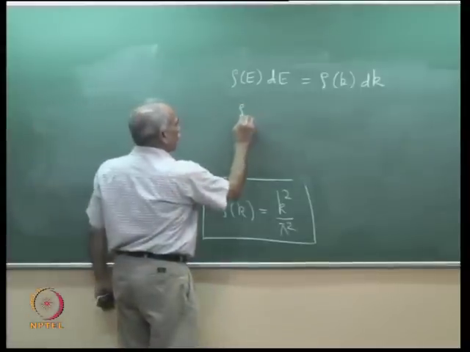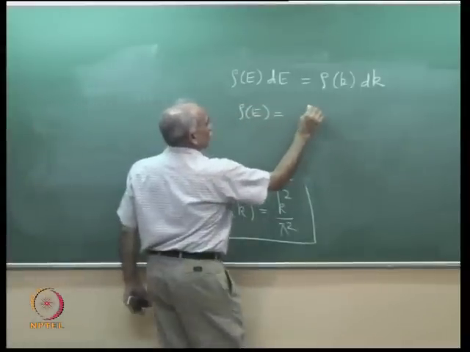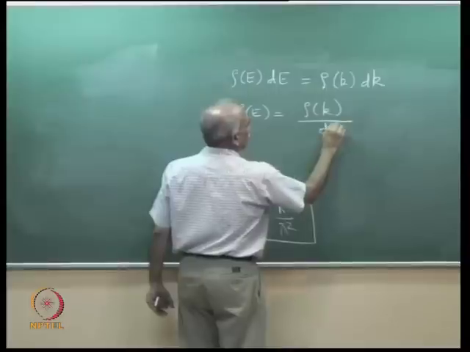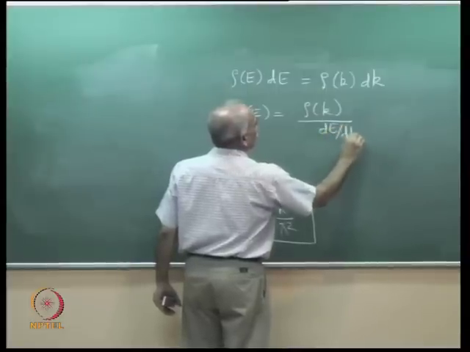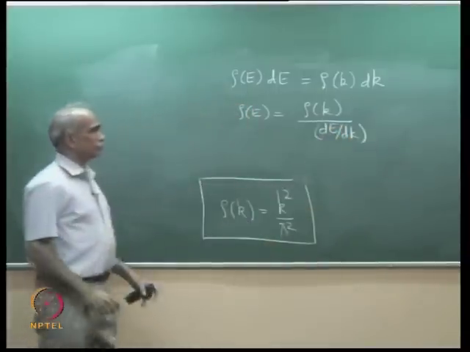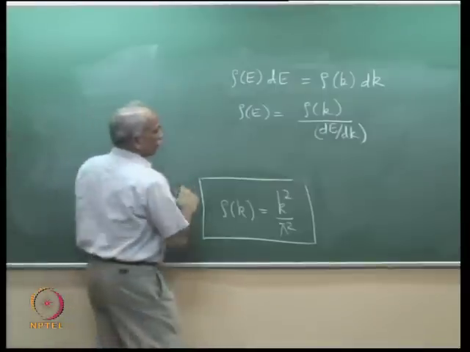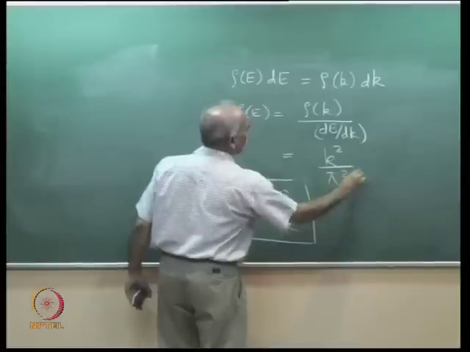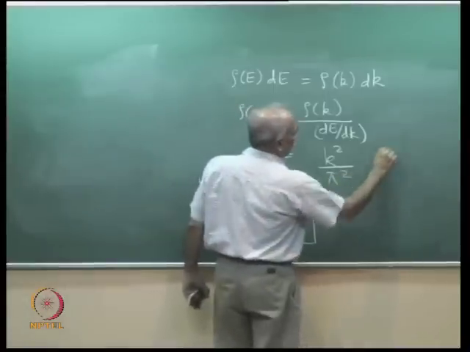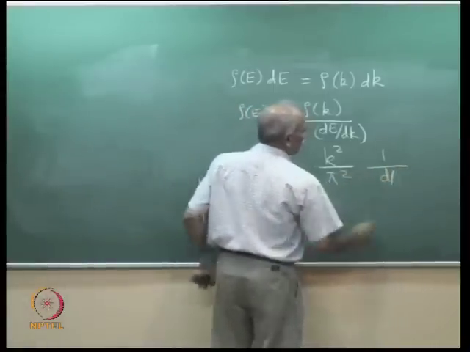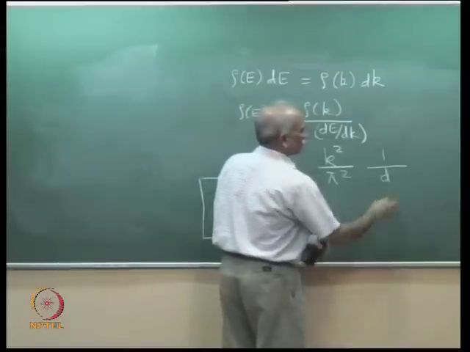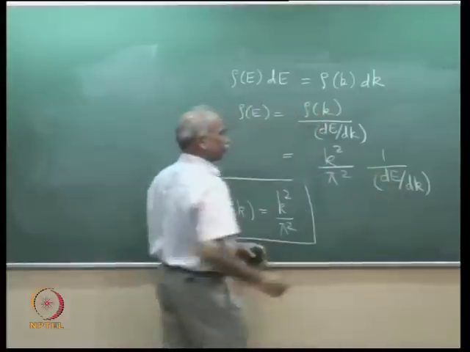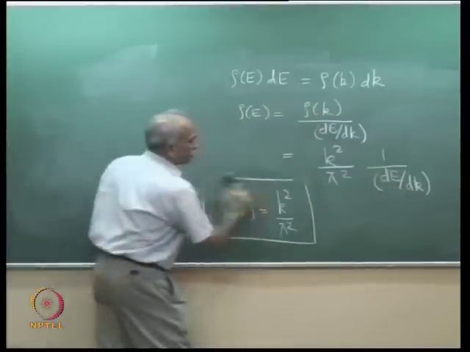Therefore, rho of E is equal to rho of k, which I can write with dE by dk, equal to k square divided by pi square into 1 over dE by dk. We make use of the parabolic approximation.